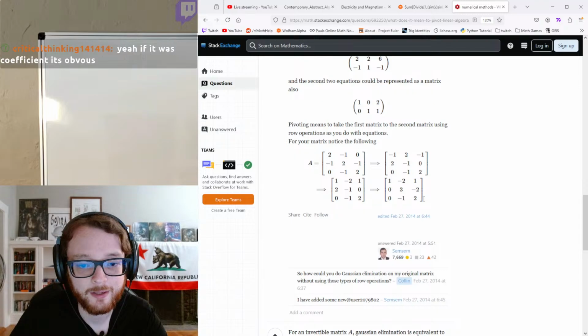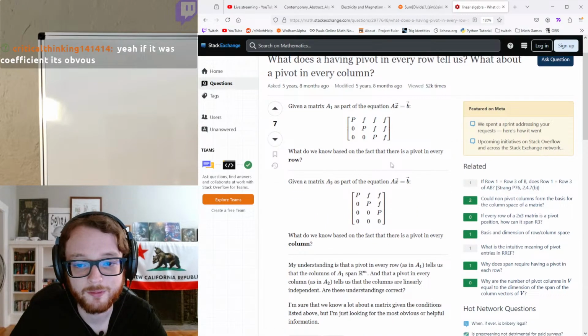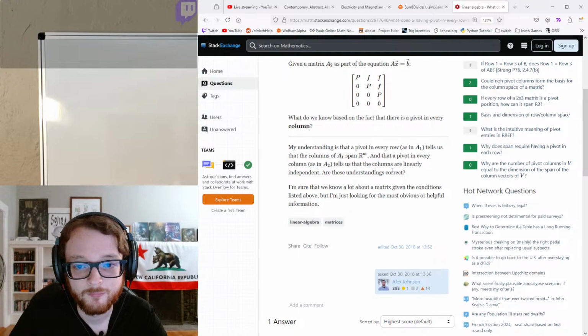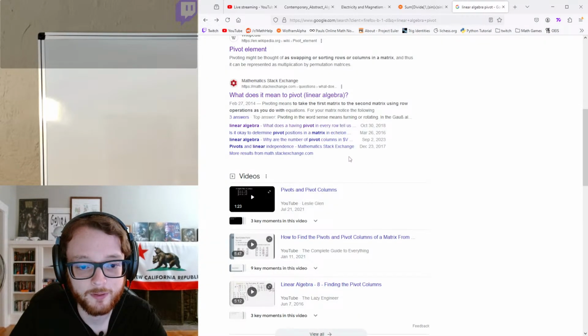But in an augmented matrix, I don't think you would ever call that last column a pivot. I mean, you've heard me say before that I don't know linear algebra that well, but from my recollection, you wouldn't call it a pivot.